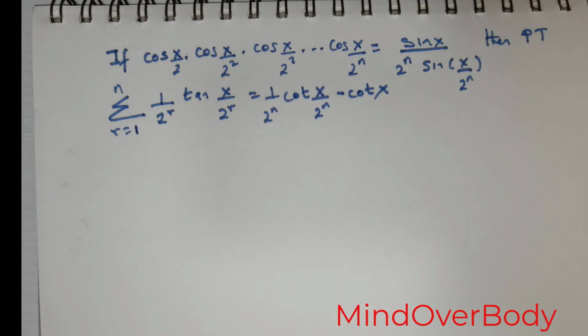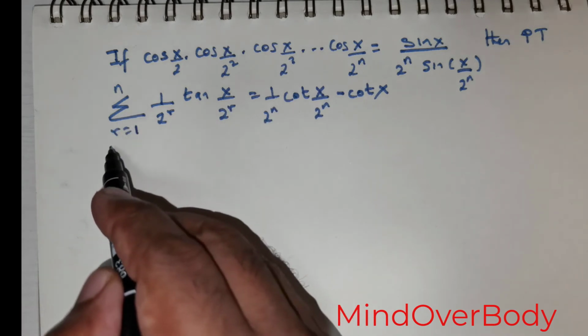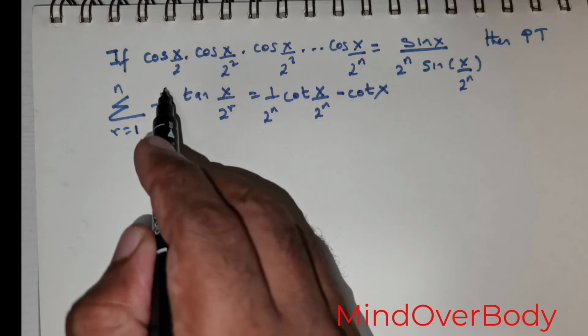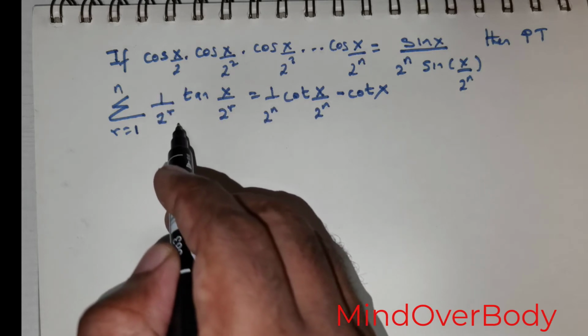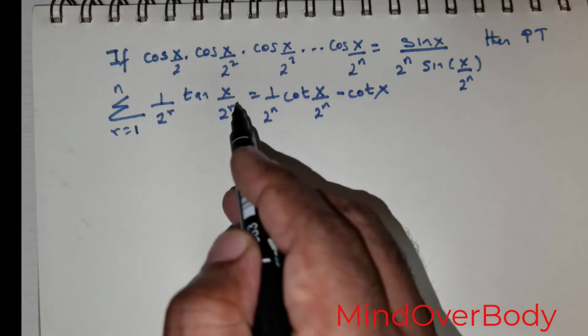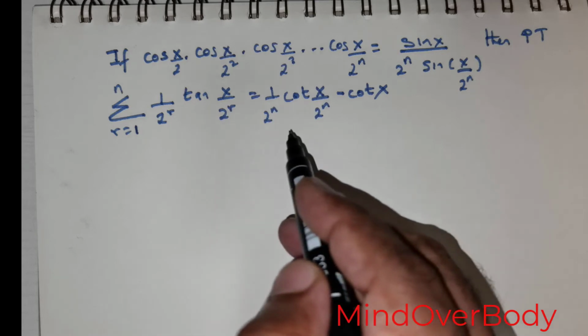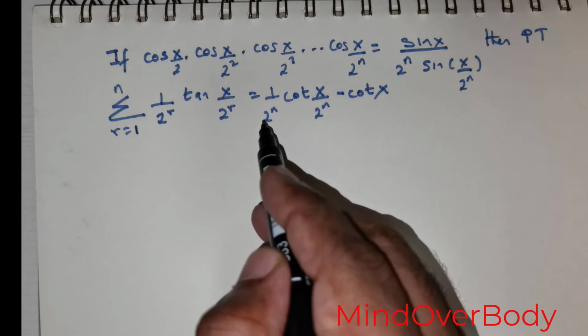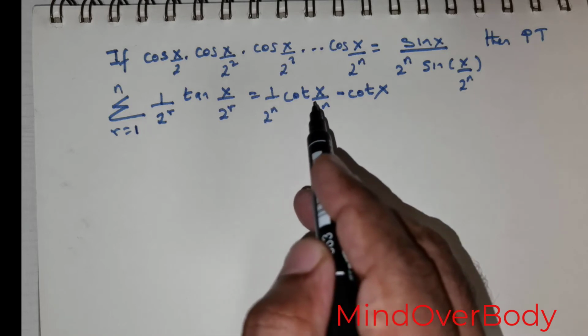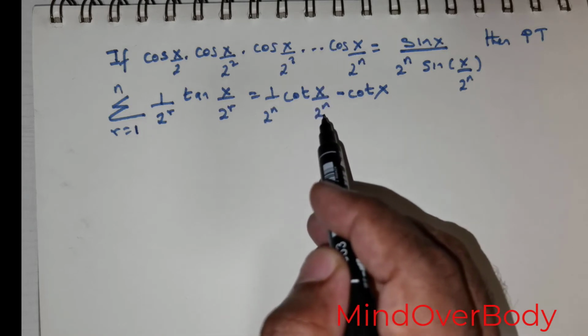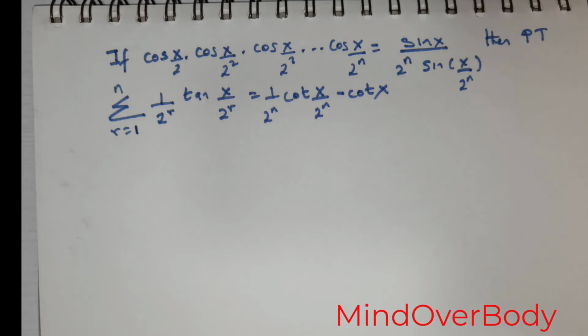We are expected to prove that the sum from r equals 1 to n of 1 over 2 raised to the power of r times tan x over 2 raised to the power of r is equal to 1 over 2 raised to the power of n times cot x over 2 raised to the power of n minus cot x. So this is a nice question to challenge the intellectual bliss of the mind.